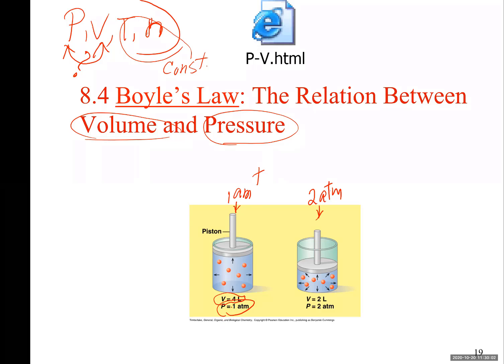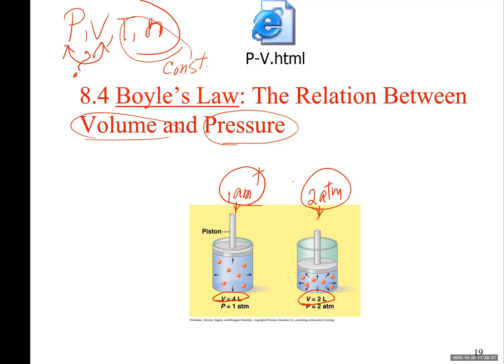Volume was 4 liters before I make the change. The volume at 1 atmosphere pressure was 4 liters. When I double the pressure, volume is going to change to half as much, to 2 liters.